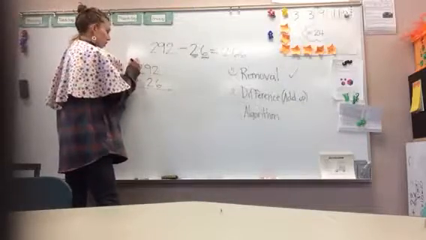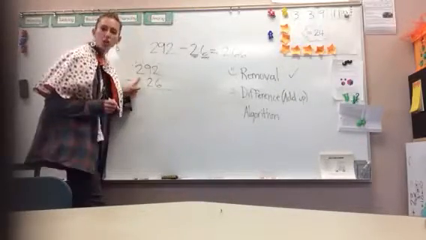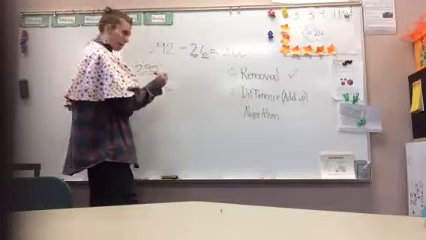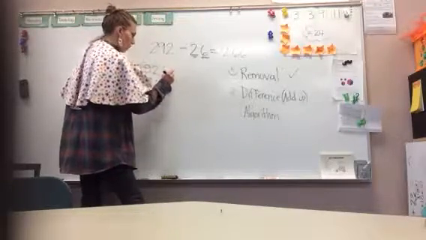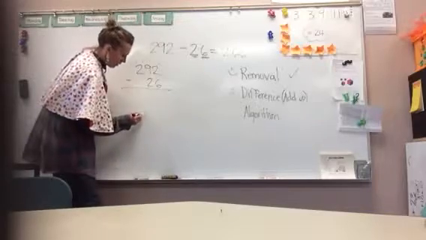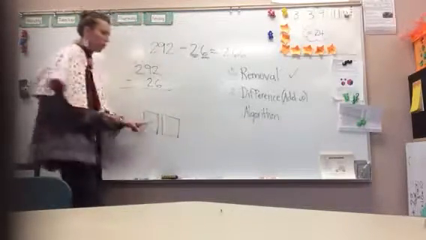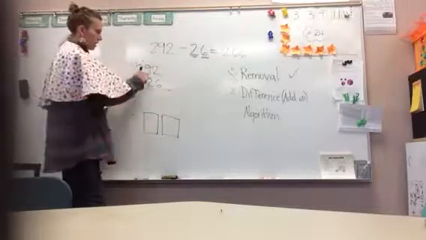So let's start out by drawing this number, 292. I'm going to use base 10 blocks. I'm going to draw 200 right down here, so those are the 100 blocks, and I have 2 of them, each worth 100.